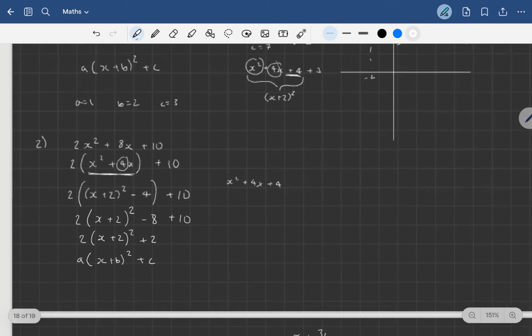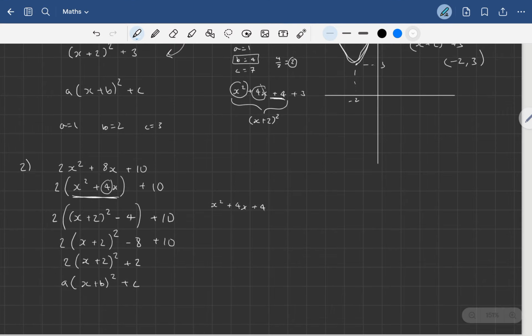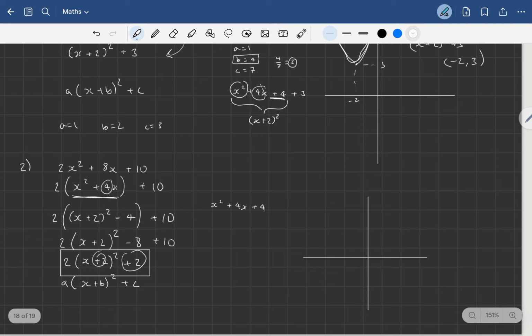How about for this right here? We get 2(x plus 2) squared plus 2. So let's draw a pair of axes again. And we have a plus 2 here, and we have a plus 2 here. That means the turning point is negative b, comma c. And b and c are both 2.